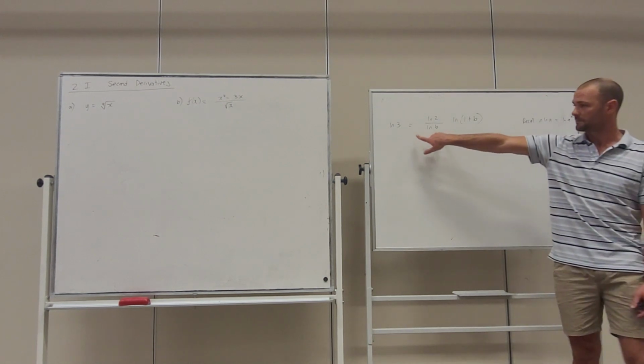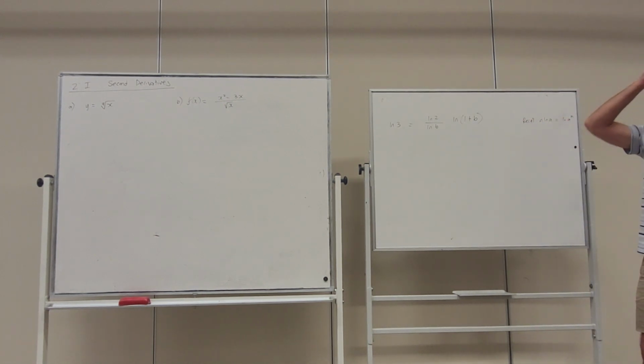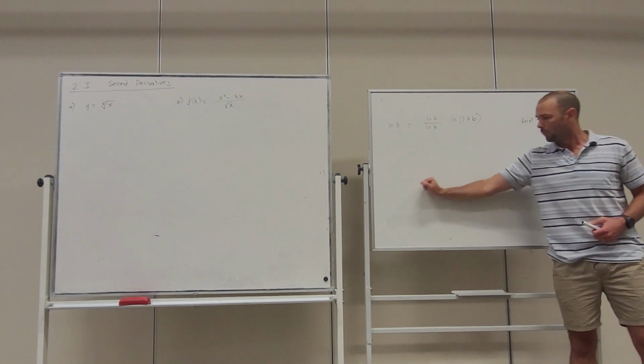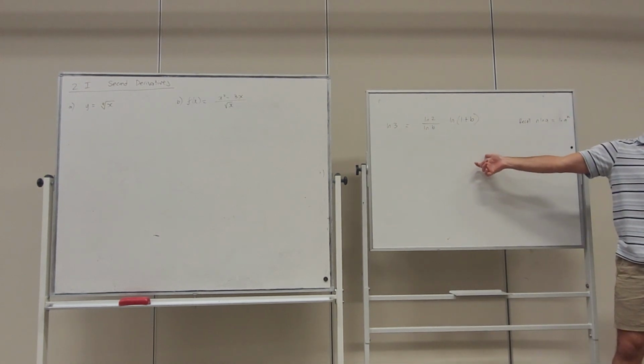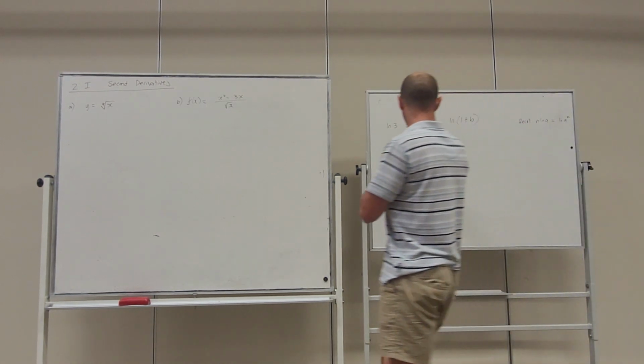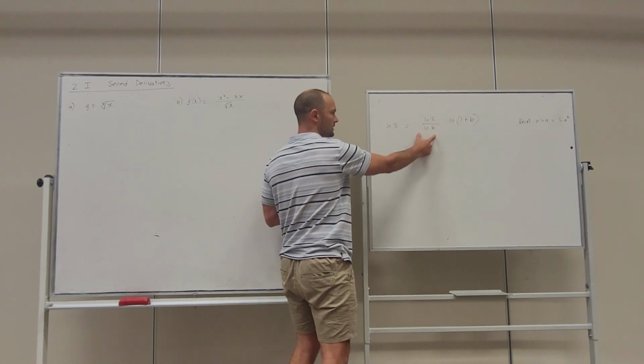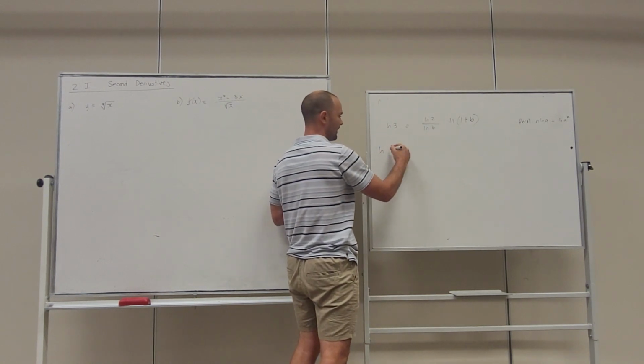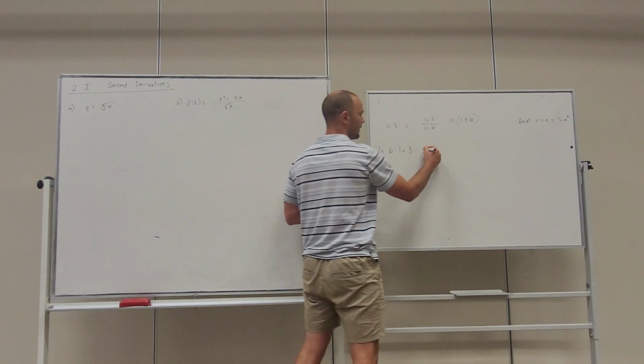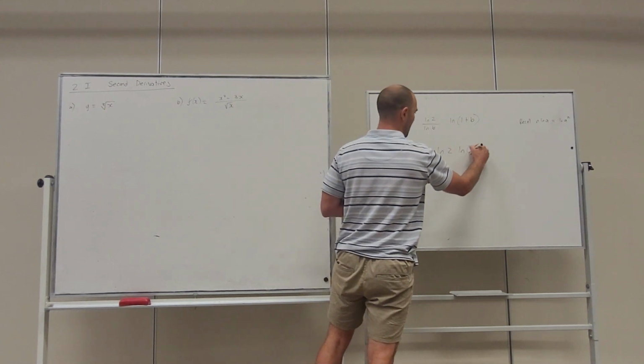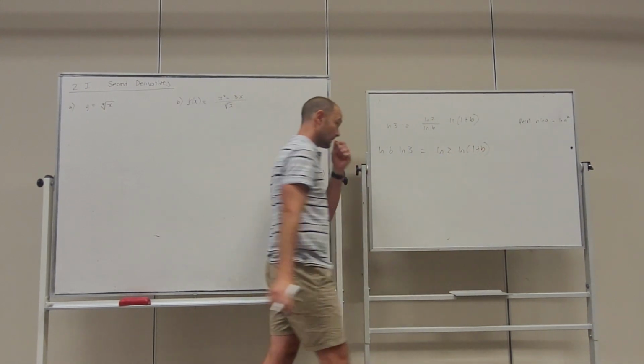So this is where we finished off, and I was scratching my head going, well, what can we do here? So one strategy that we cracked afterwards is we can multiply both sides by lnb to move that up here. So we'll have lnb, ln3 equals ln2, ln of 1 plus b.